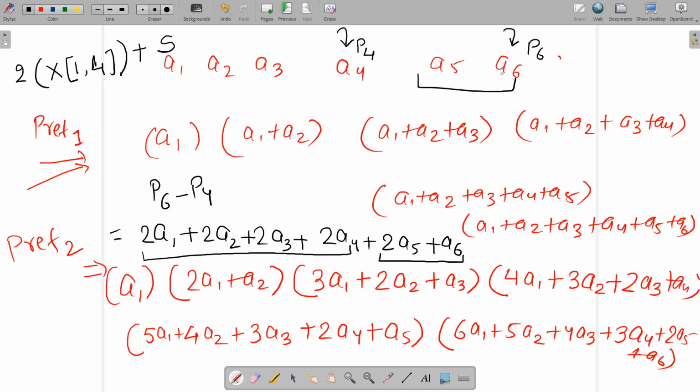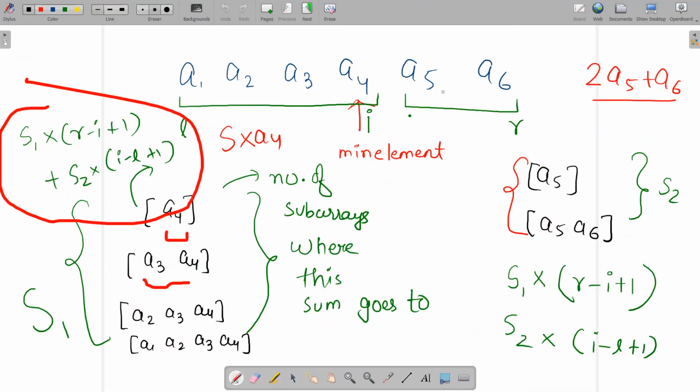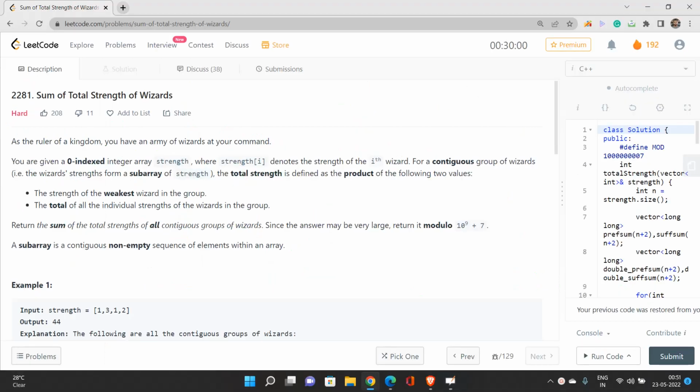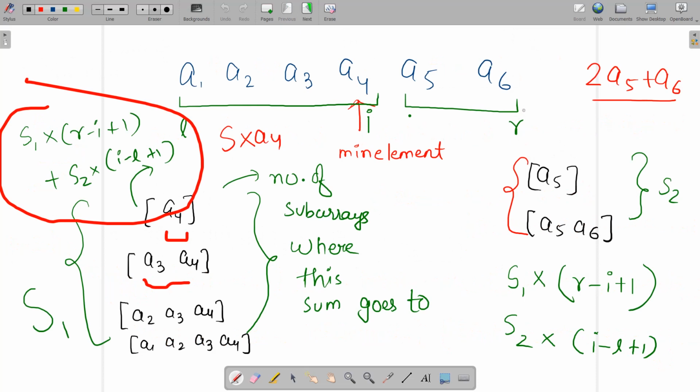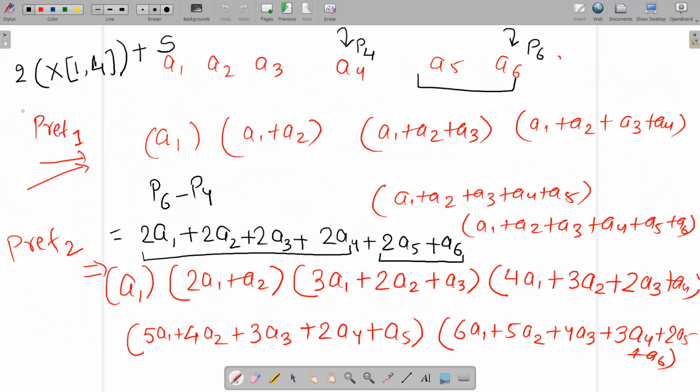So whenever we are asked to find the sum over a particular range from I plus 1 to R, on the right side we are going to use the prefix sum, and we subtract the double prefix sum at R and the double prefix sum at I. We subtract the double prefix sum at I from R. If we do that, we will also subtract this value, that is the length of the interval times the prefix sum.